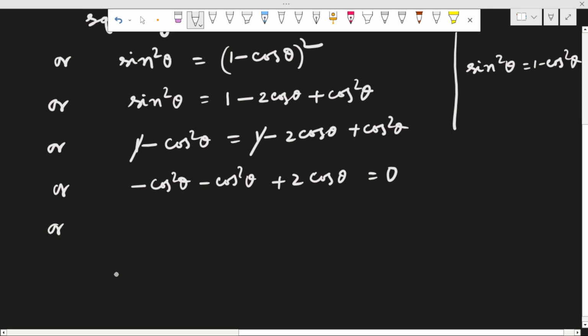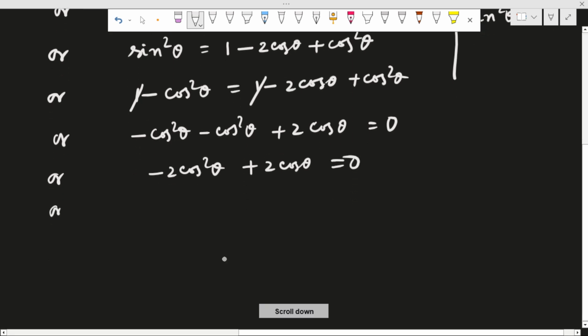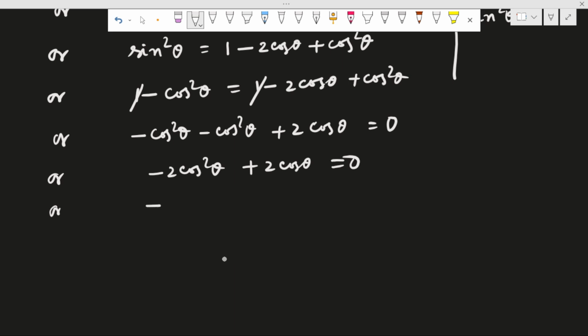Now simplify: minus 2 cos square theta plus 2 cos theta equal to 0. Take out common minus 2 cos theta. What will remain? Cos theta from the first term, minus 1, because minus and minus will be plus, equal to 0.